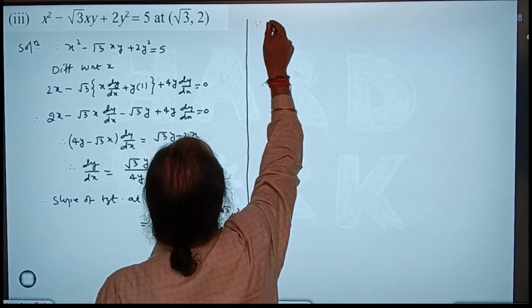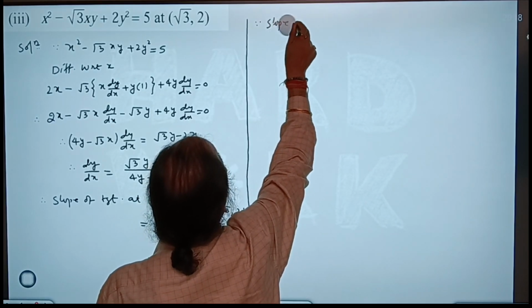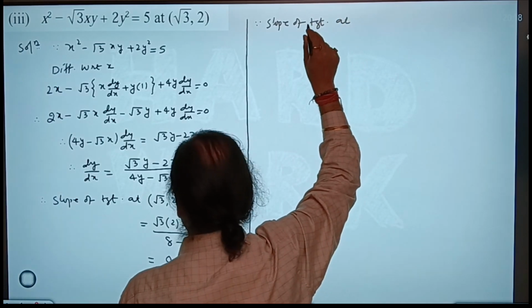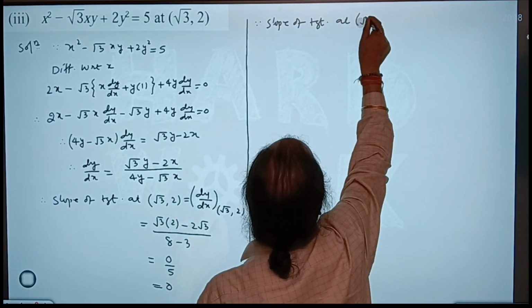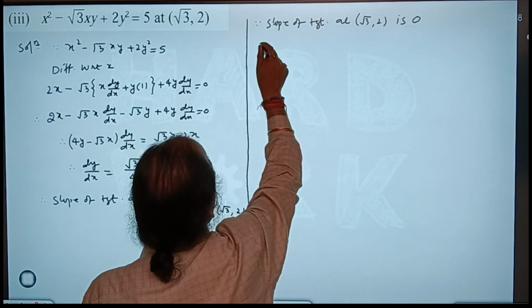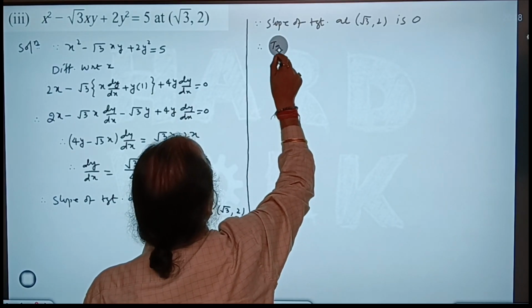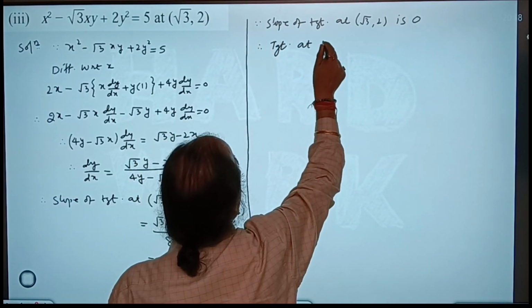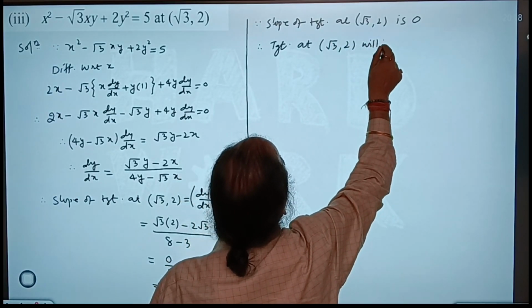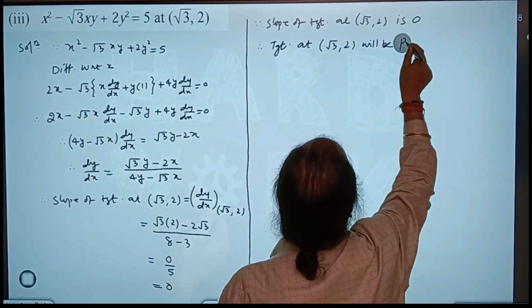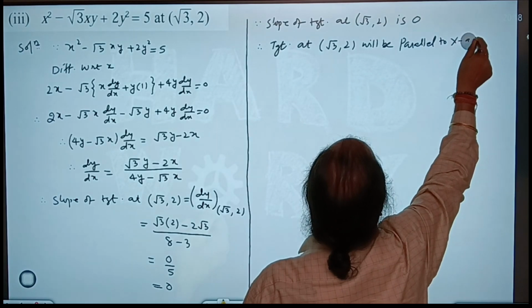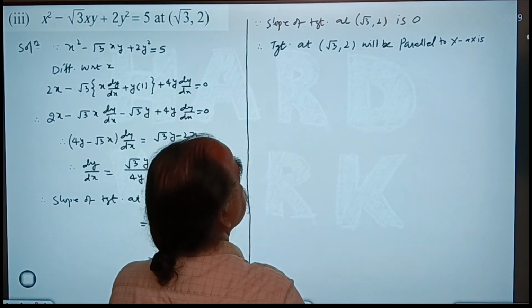Since slope of tangent at (root 3, 2) is 0, therefore tangent at (root 3, 2) will be parallel to x-axis.